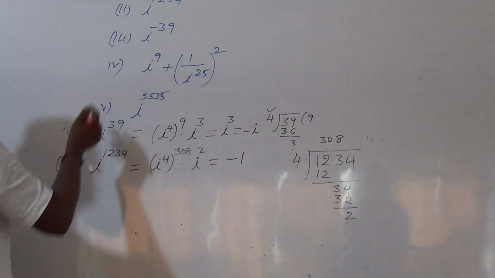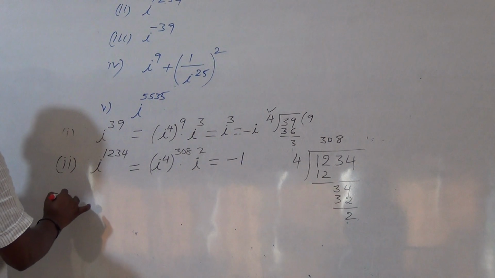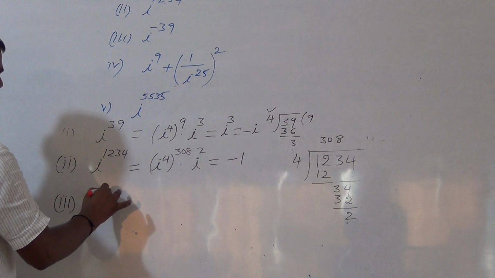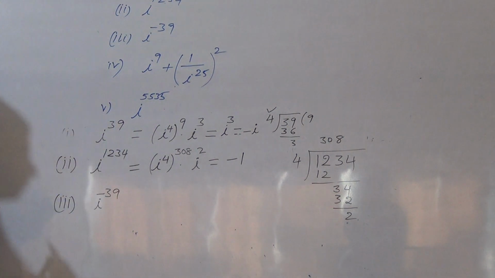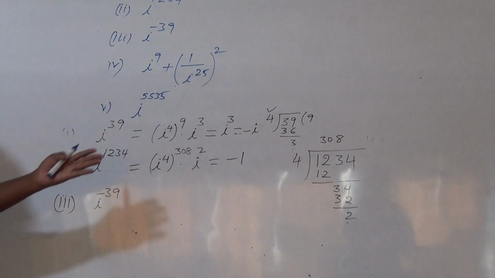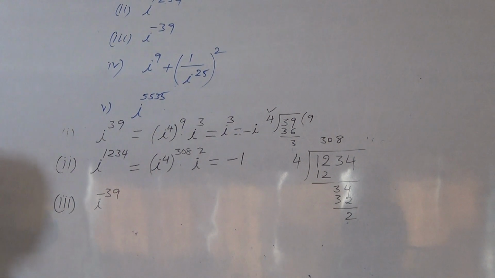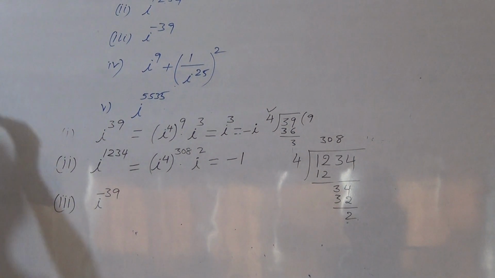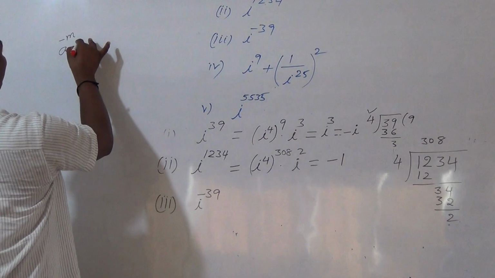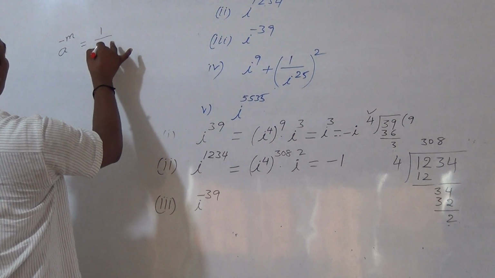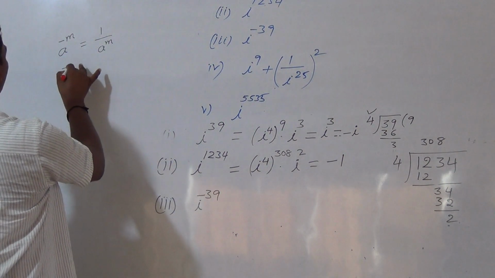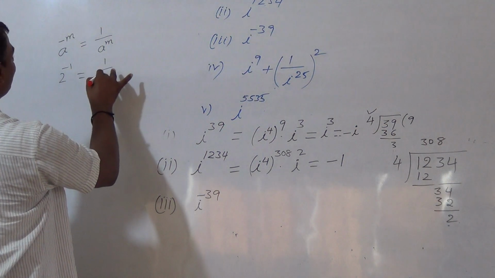Let us see the next, third example. Example 3 given: iota raised to minus 39. Here, shall we do it directly? Is it possible? No. So how to write? We know the property, which we studied in lower classes: a raised to minus m, how can I write? 1 over a raised to m. 2 raised to minus 1, how can I write? 1 by 2.